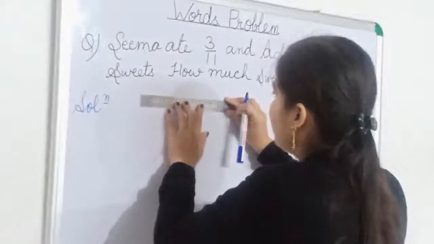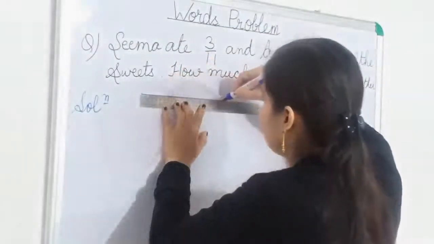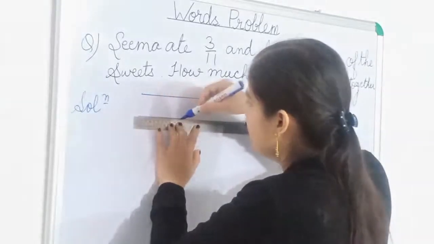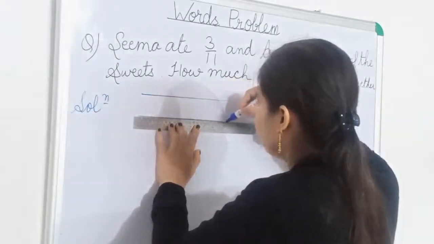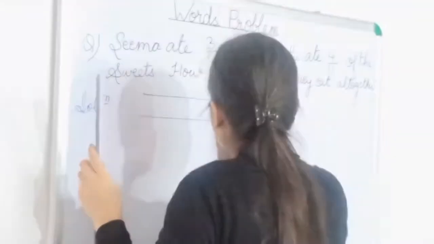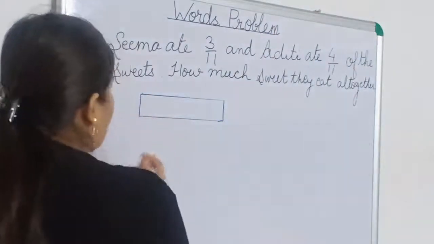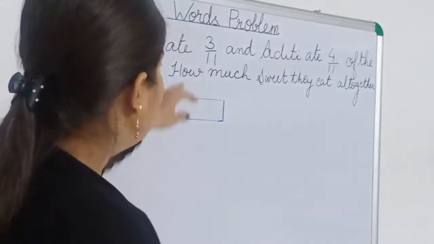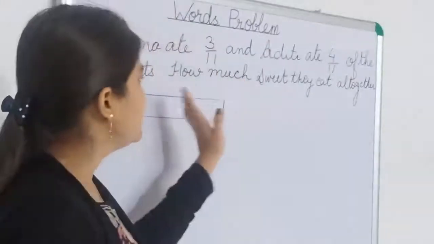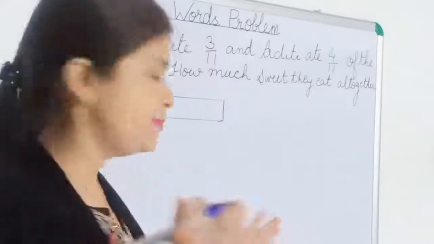First we are drawing one model diagram. This is your sweet. This is your total sweet. And 3 by 11 Seema had eaten. So we have to divide this sweet into 11 equal parts.